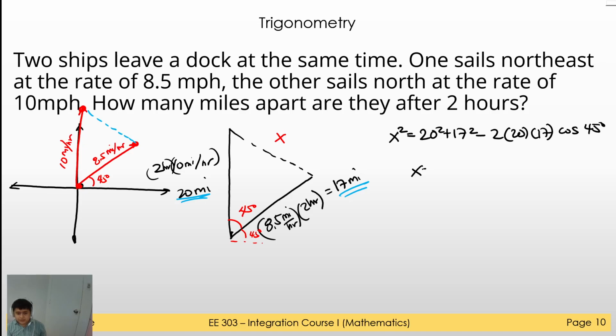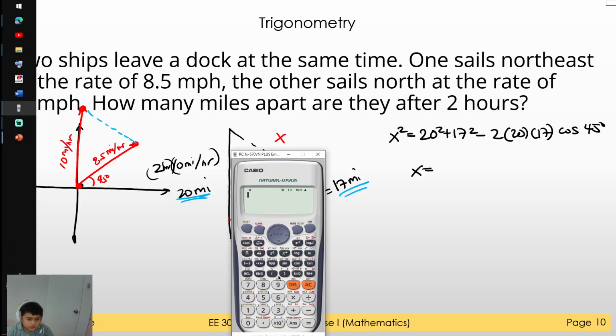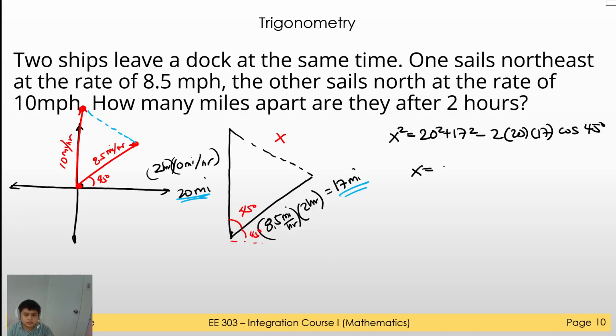So x is the square root of 20 squared plus 17 squared minus 2 times 20 times 17 cosine 45. Okay, so we have 14.43. This will be your distance in miles, so it's not in meters.